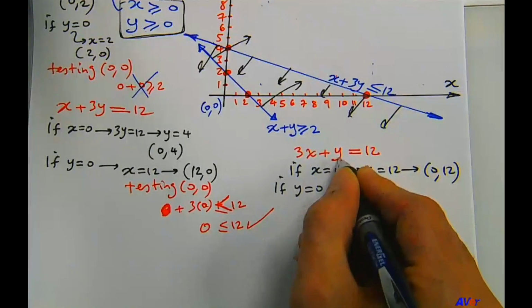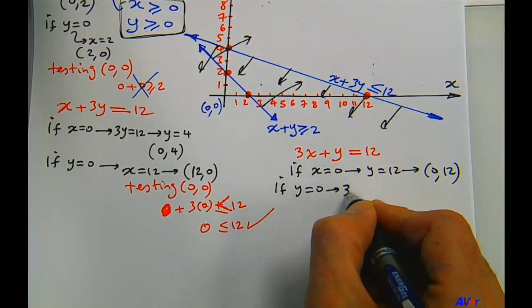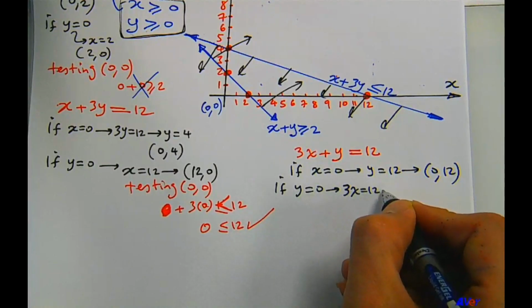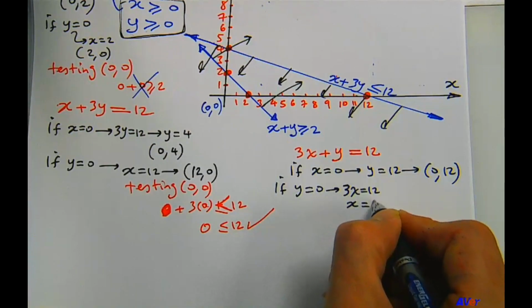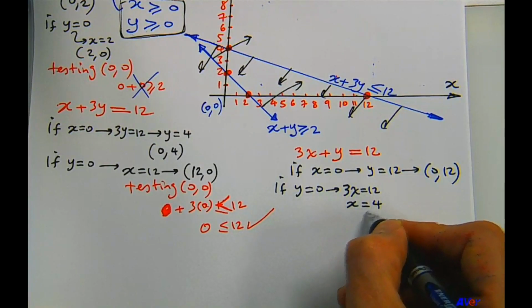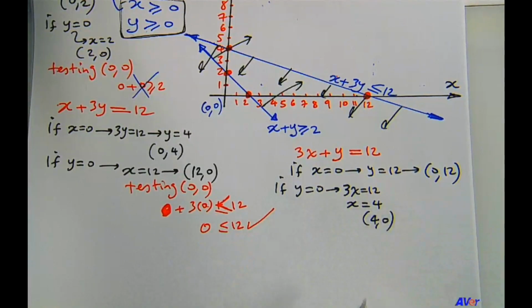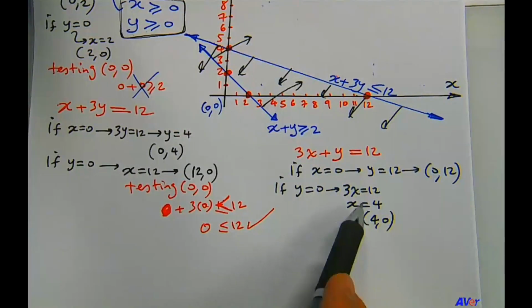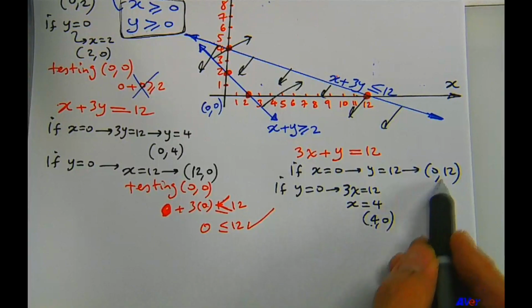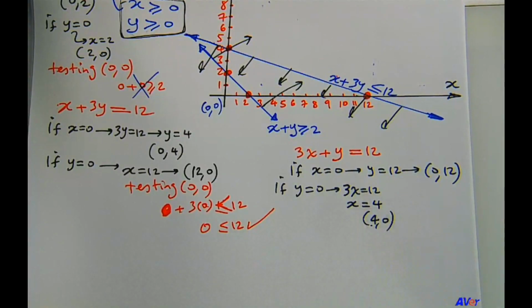If y equals 0, then 3x equals 12, and then x equals 4. Therefore, we have (4, 0) as the x-intercept. So these 2 points are our intercepts.